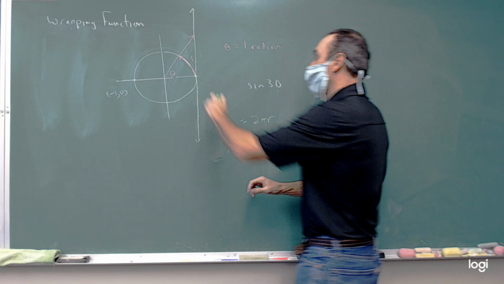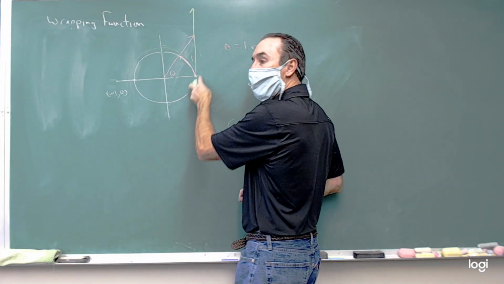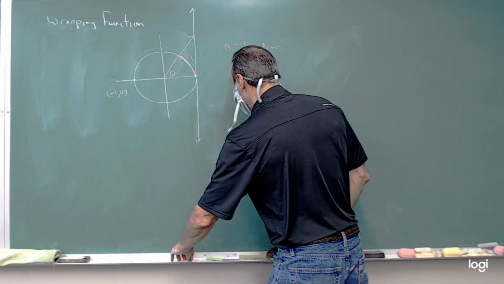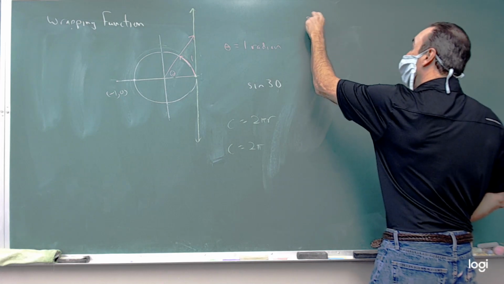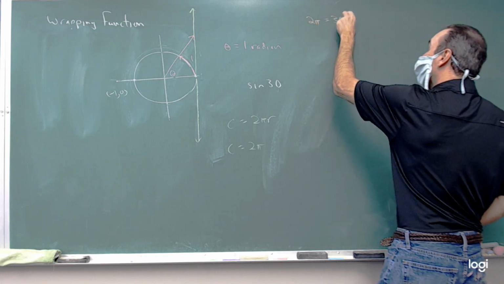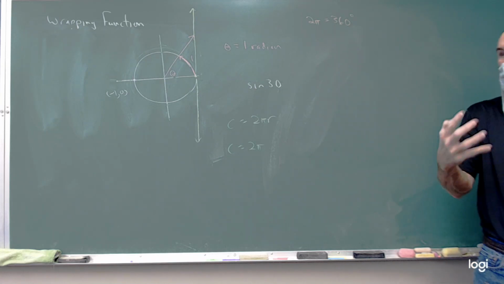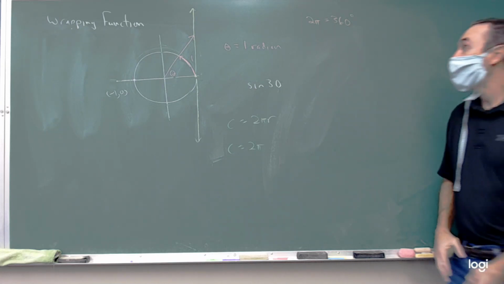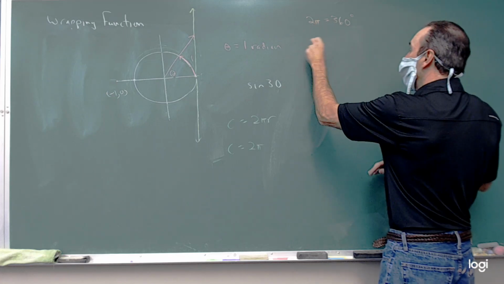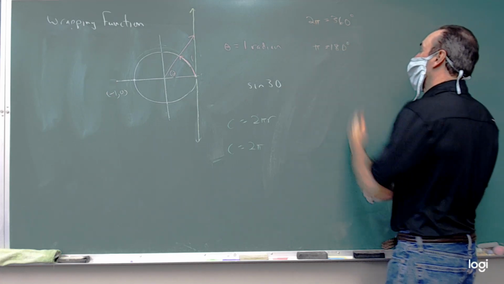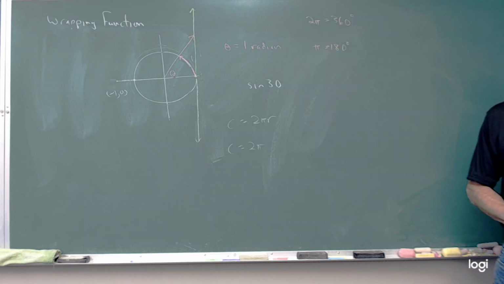That means one trip all the way around the circle is 2 pi radians. That is equivalent to 360 degrees. Those are equal to each other. So if I divide by 2, then pi is the same as 180 degrees.